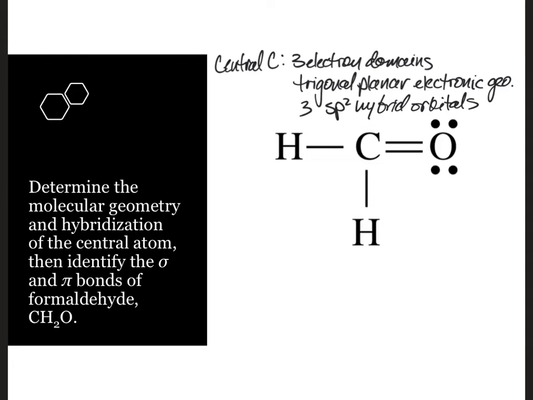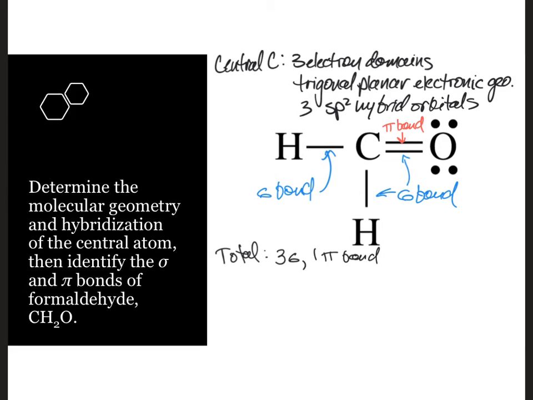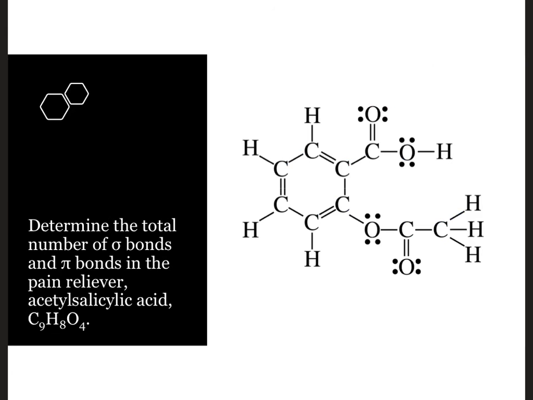Carbon forms two sigma bonds by overlap between two of its hybrid orbitals and the 1s orbitals of two hydrogen atoms. Carbon forms a third sigma bond by overlap between an sp2 hybrid orbital and a p orbital on the oxygen atom. The unhybridized p orbital on carbon overlaps with a p orbital on oxygen to form a pi bond.